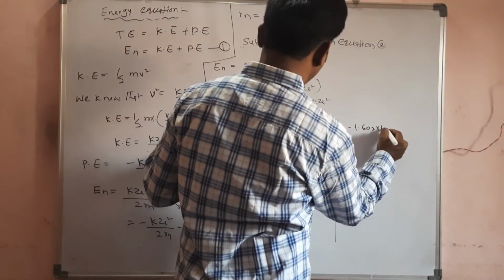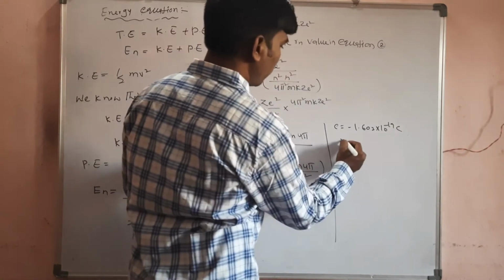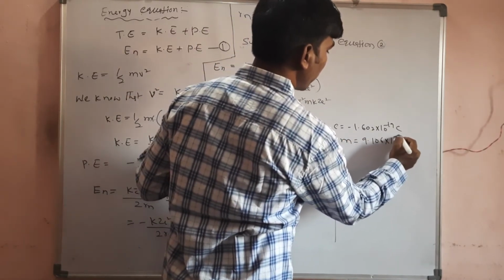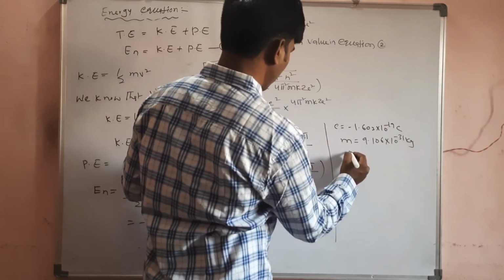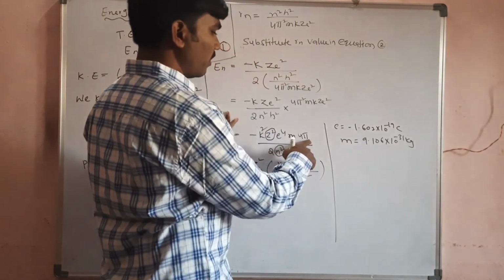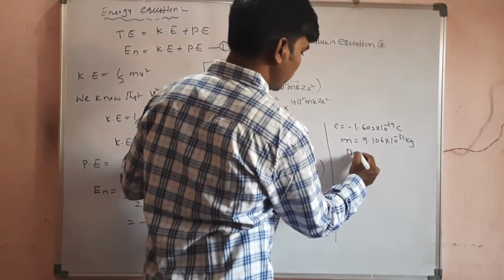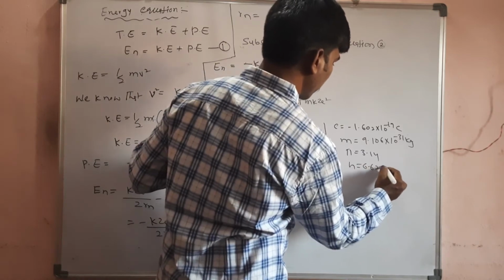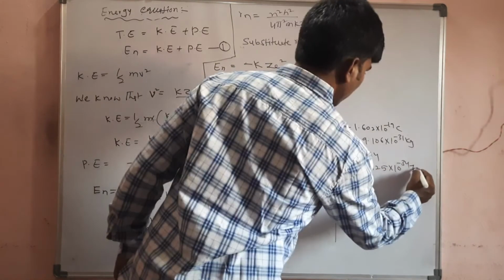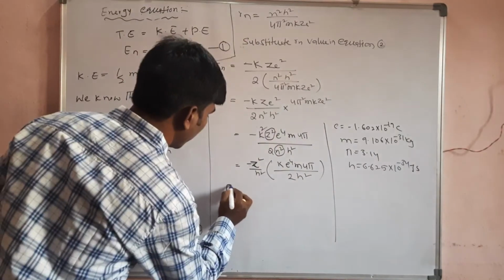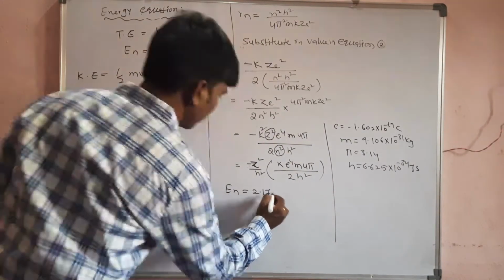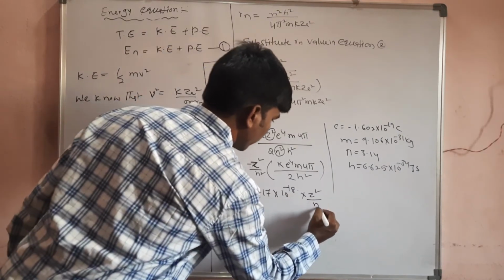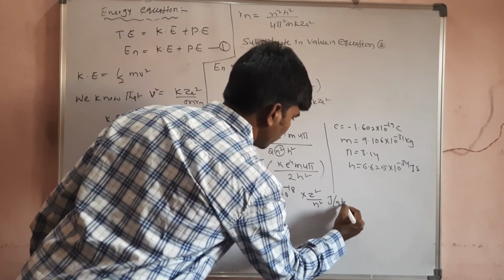By substituting all values: e is 1.602 into 10 to the power of minus 19 coulombs, mass is 9.106 into 10 to the power of minus 31 kg, 4 is a constant, pi is 3.14, and h is 6.625 into 10 to the power of minus 34 joule second. By substituting, En is equal to minus 2.17 into 10 to the power of minus 18 Z square by n square joule per atom.